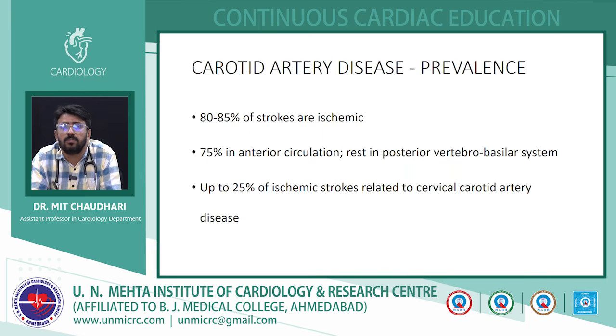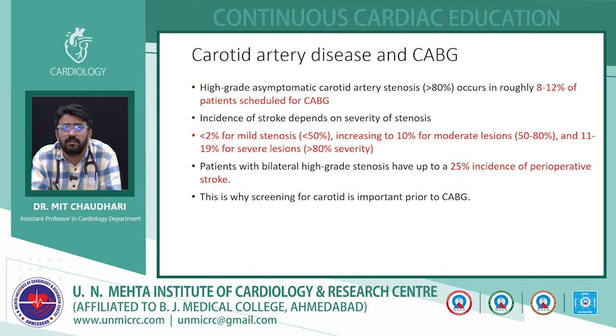Of these ischemic strokes, up to 25% are related to cervical carotid artery disease, that is extracranial carotid artery disease, and the majority, 75% of strokes, are in the anterior circulation, that is the carotid artery circulation. The rest are in the vertebrobasilar system. So a big chunk of strokes may be due to carotid artery atherosclerotic disease, and that is what we have to address.